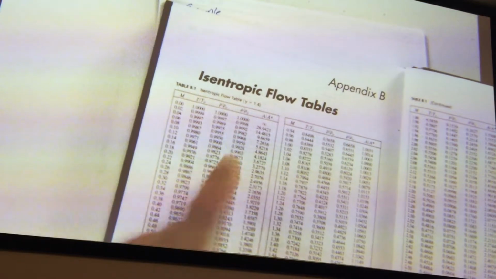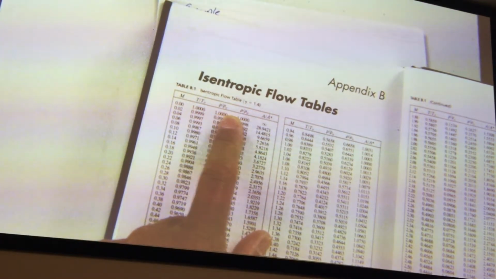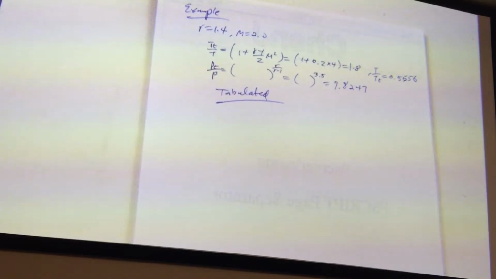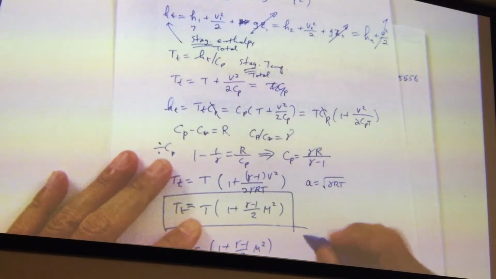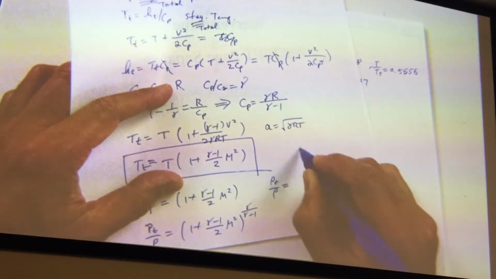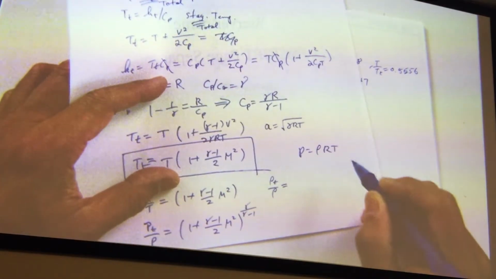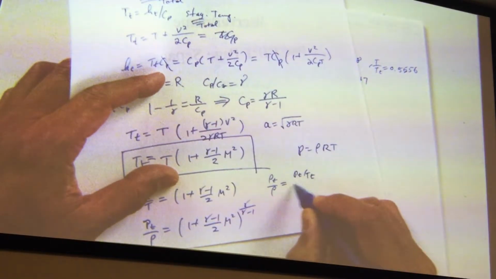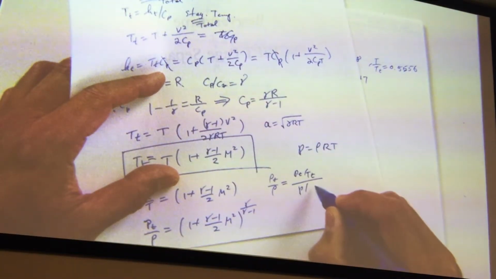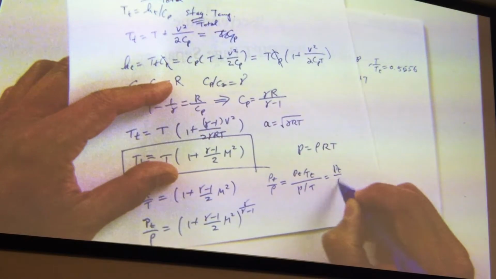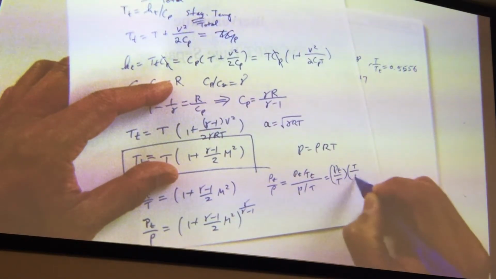Now, of course, here you have T over T0. For rho over rho 0, you just use the ideal gas law, right? How do you do that? Ideal gas law is very simple, right? You would have rho t over rho equal to what? P equals rho RT, right? So, rho t over rho is equal to Pt over P times T over Tt, because R cancels out, right?